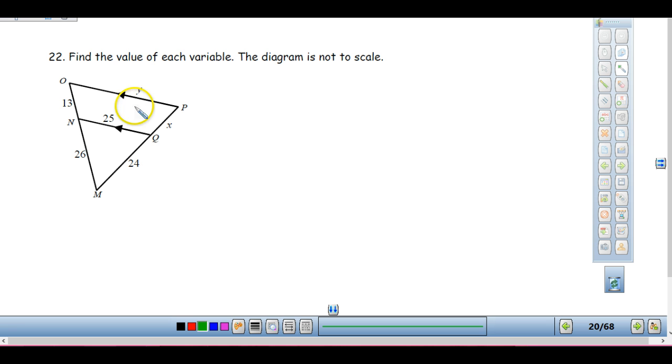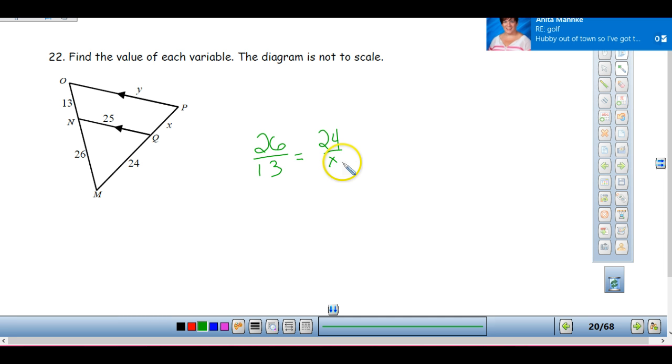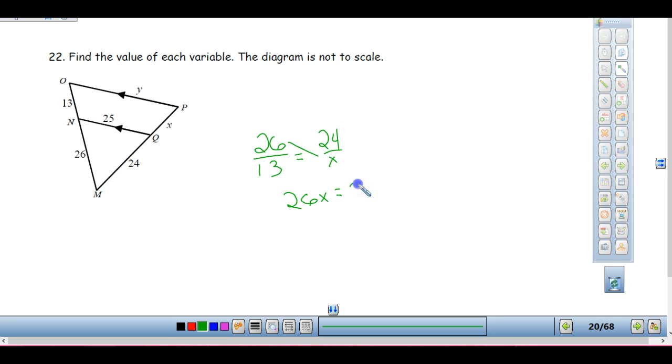Okay, so now if we're going to use it, we can say 26 is to 13 as 24 is to x. So now if we cross multiply, we have 26x equals 312. That's going to give us x is equal to 12 right here.